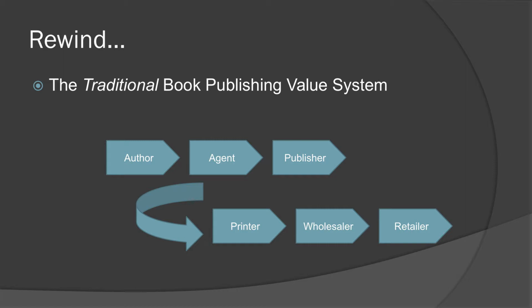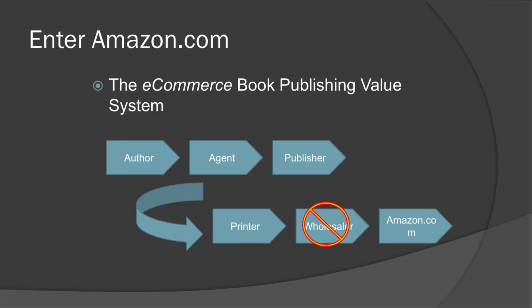So lots of steps along this value system that add value, and each of these steps has to make money to continue to exist. In comes Amazon.com. They don't have to have retail space, right? So they don't have to have a wholesaler. They ship books directly to the customers at that point. So they cut the wholesaler out of the value system, which then allowed them to capture some of that profitability.